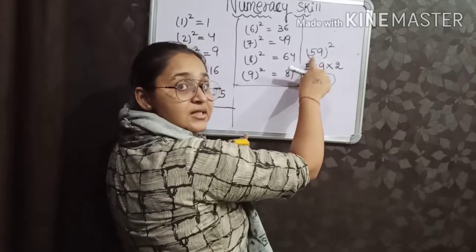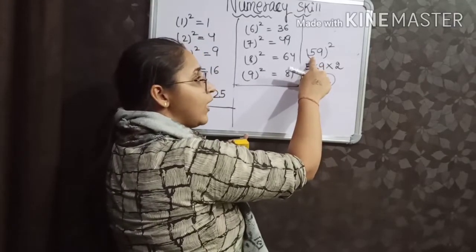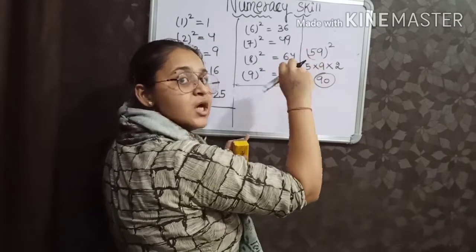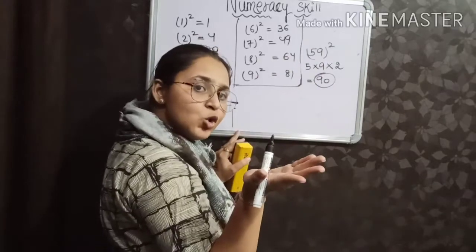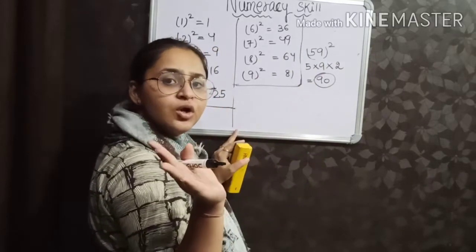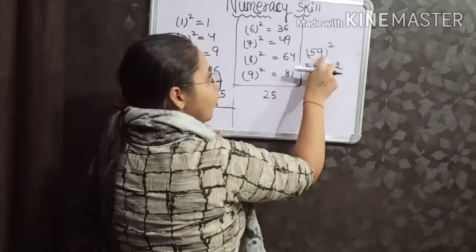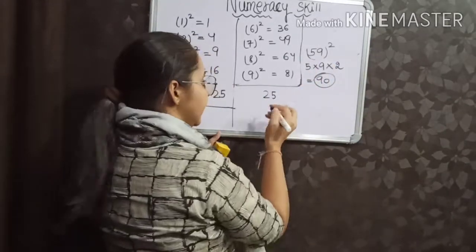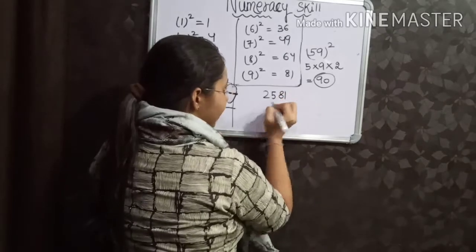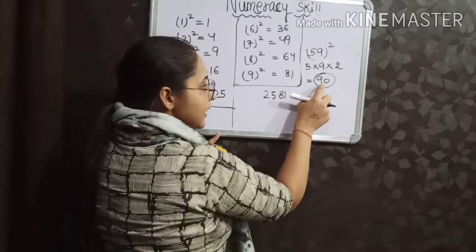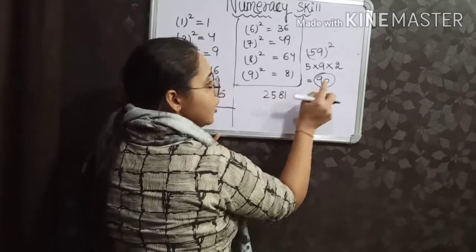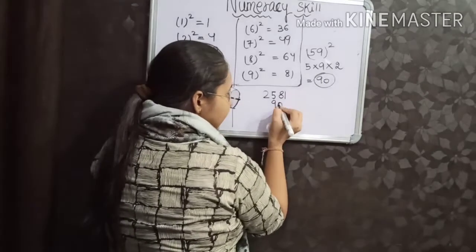Now second step, I will square 5. 5 square is 25. It is already a 2-digit number, so there is no need to add 0. I will write 25. Now 9 square is 81. Very good. Now below this number, I will write 90 here.